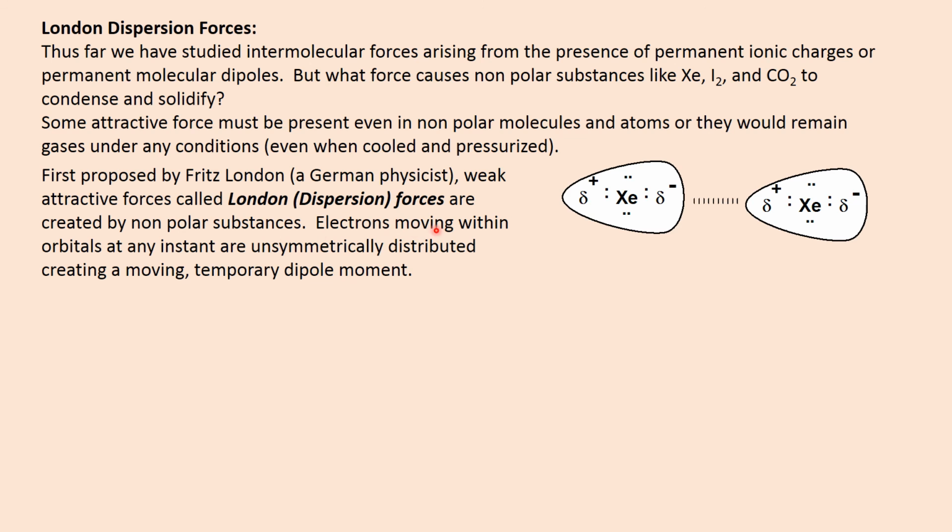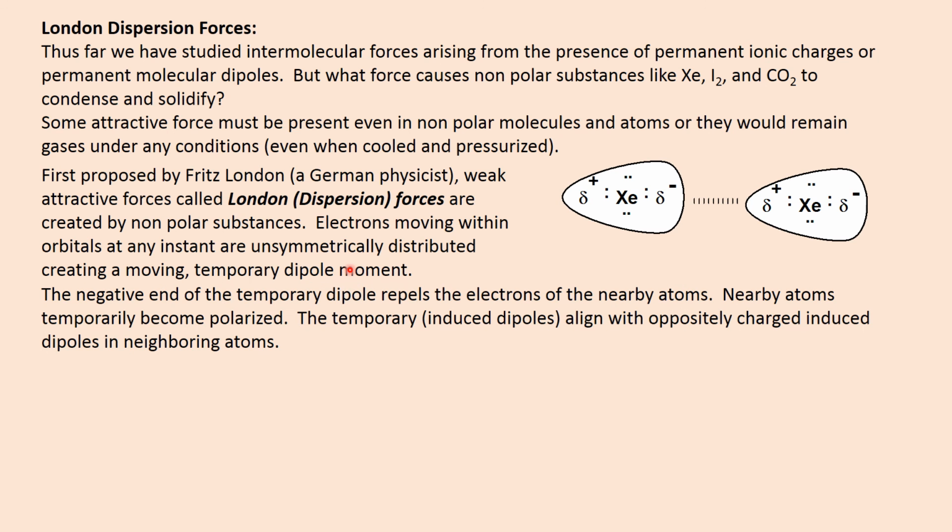So electrons moving within orbitals on average are symmetrical. The cloud is symmetrical on average, but at any instant in time they would be unsymmetrically distributed, as if they're momentarily bulging in any direction, creating a temporary dipole moment. So the negative end of a temporary dipole repels electrons in a nearby atom. Nearby atoms become temporarily polarized.